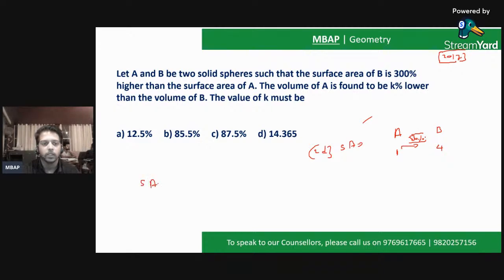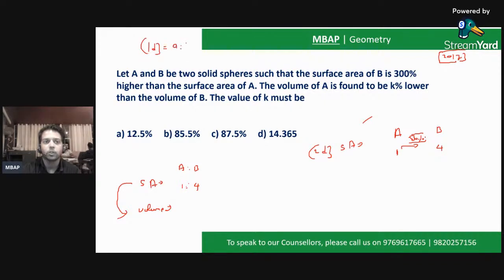So the areas of the two spheres, A and B, are in the ratio of 1 is to 4. And the question is to find the ratio of volume. Now, directly you cannot figure out the relation between area and volume. We need everything to start from the base of one dimensional unit.